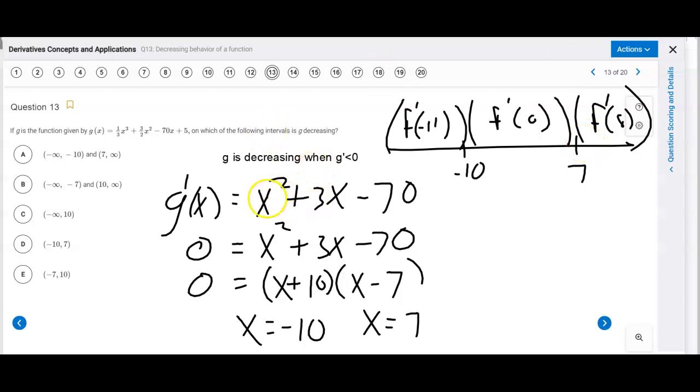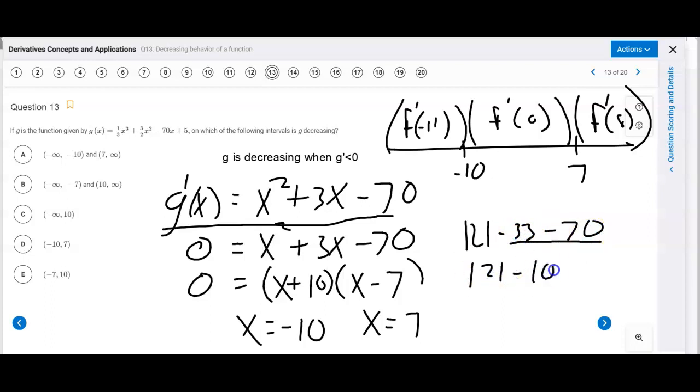So if I plug in negative 11 to my derivative, I'm going to get 121 minus 33 minus 70. These two things put together, that's going to be negative 103. And 121 minus 103, I don't really care what the answer is. I can see it's going to be positive. So my f prime is positive on this interval, so it's increasing.